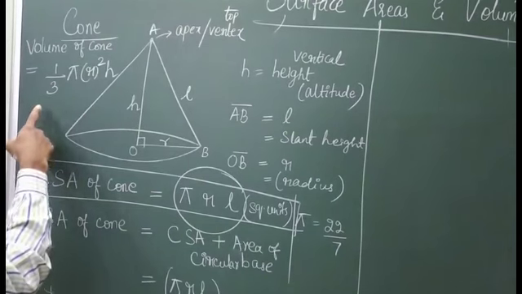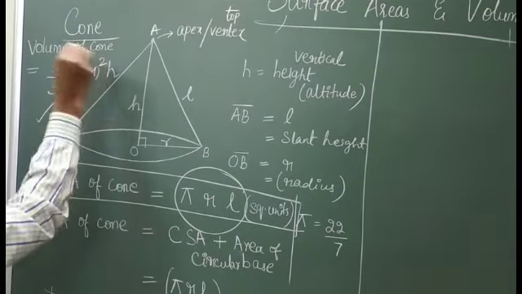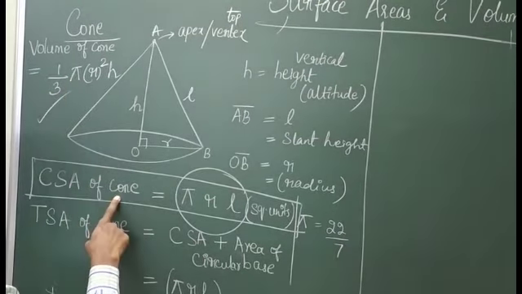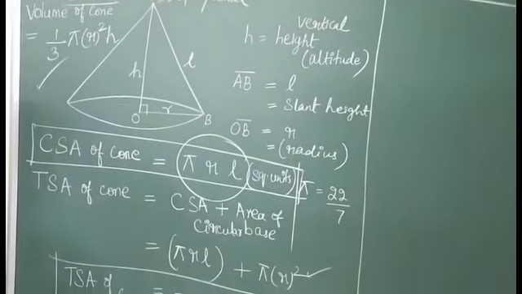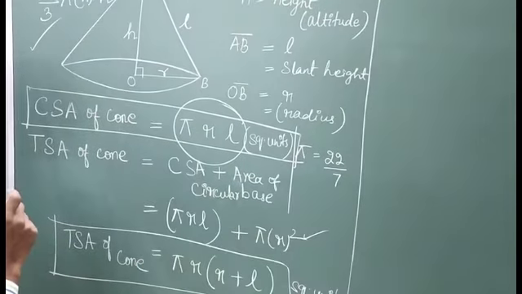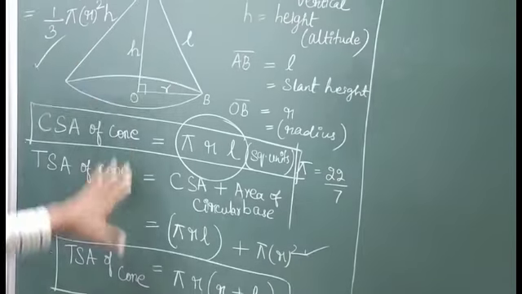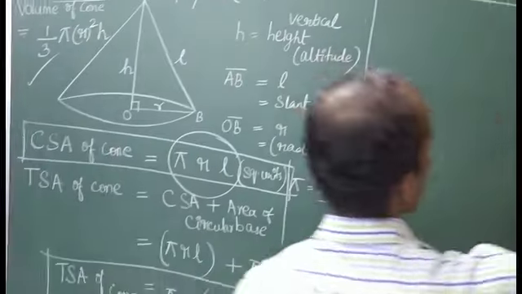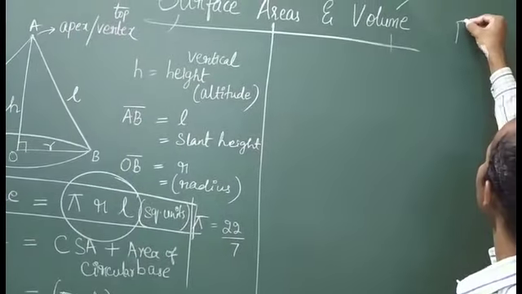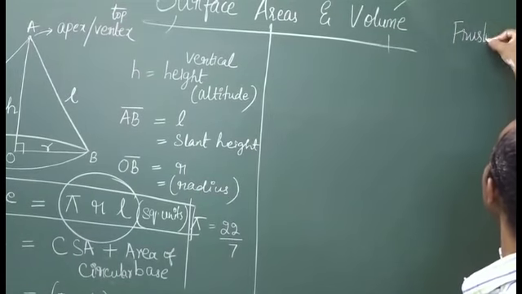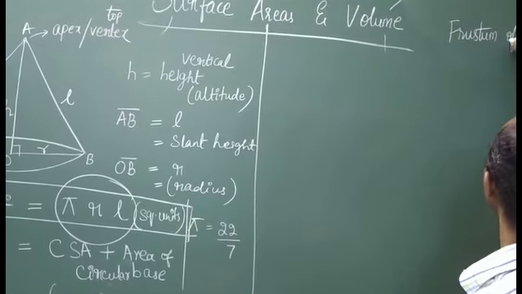So just remember this formula. So volume of cone, and what is the curved surface of the cone, and what is total surface area of the cone. So if we are very familiar with these formulas, then I can teach you how to remember what is the frustum of the cone.